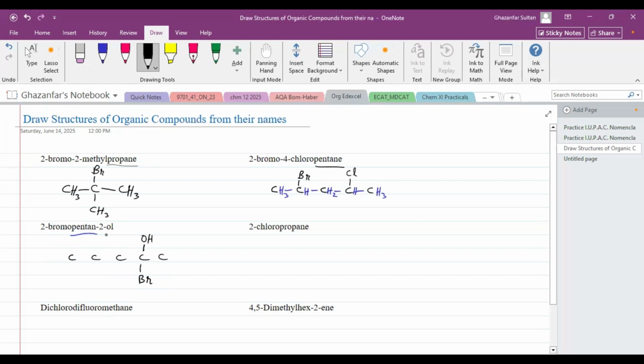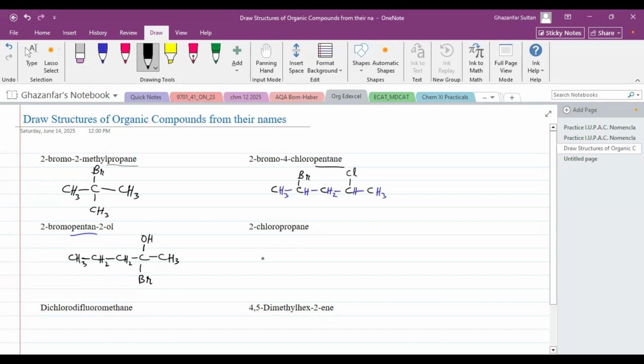So now there is no double bond. So we have to satisfy the valency of carbon with hydrogen. So definitely it will form 1 bond from here. So there are 3 hydrogen atoms and there are 2 hydrogen atoms, 2 hydrogen atoms, and here 3 hydrogen atoms. So this is 2-bromo 2-pentanol.